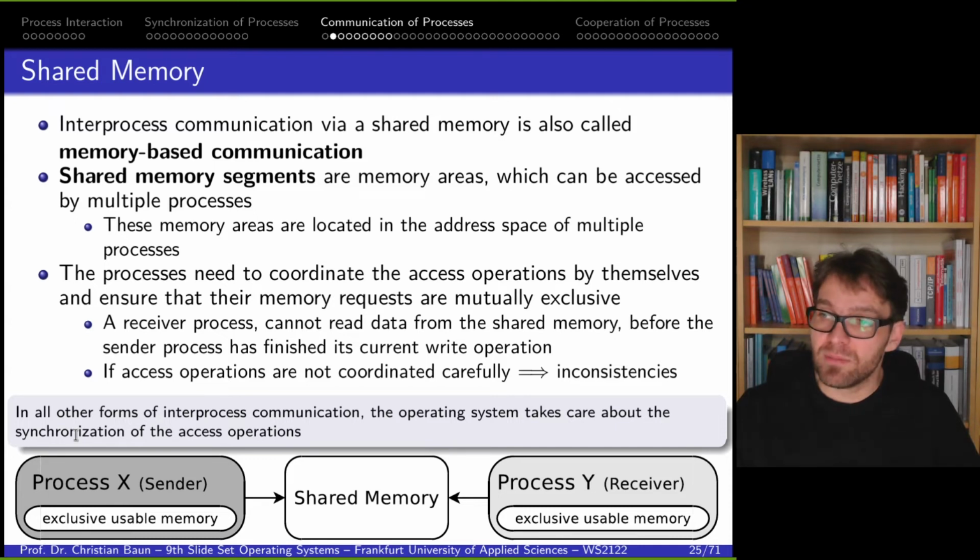In shared memory we need to be especially careful, and it's the only sort of inter-process communication where the developers need to take care of these things. In all other sorts of inter-process communication, the operating system will handle the synchronization of the read and write operations.